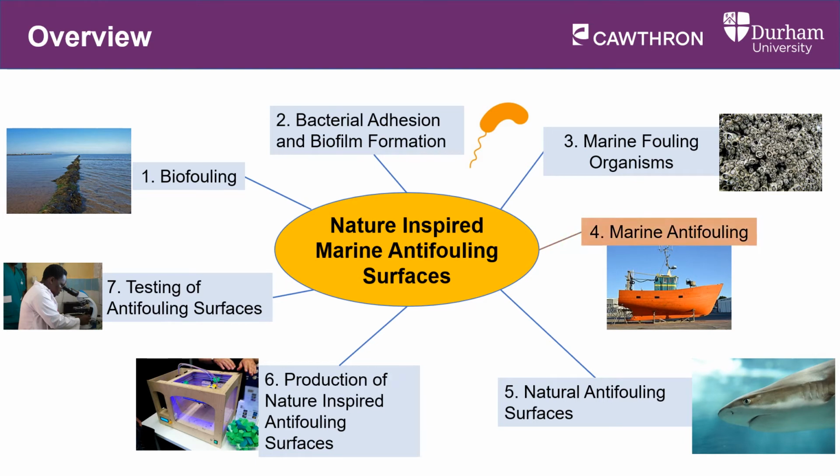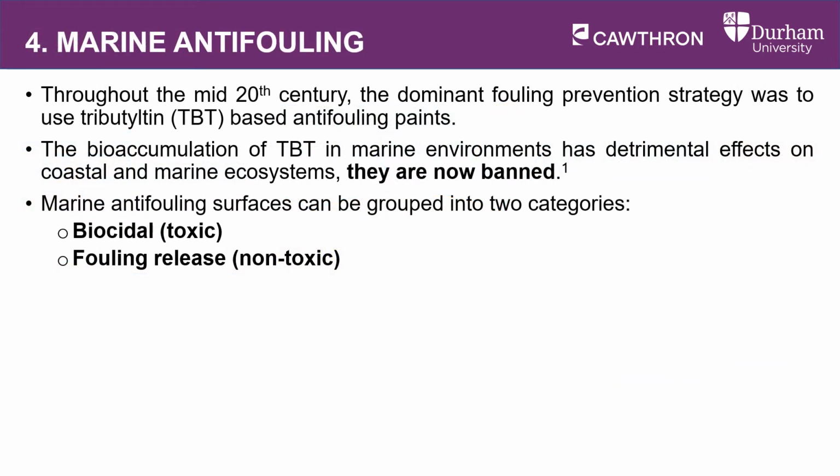Moving on to marine anti-fouling methods that are currently in use. Throughout the mid-20th century, the most common way to prevent biofouling was to apply tin-based paints to surfaces. These paints are now banned as they damage both coastal and marine ecosystems, and so new anti-fouling strategies are required to prevent biofouling.